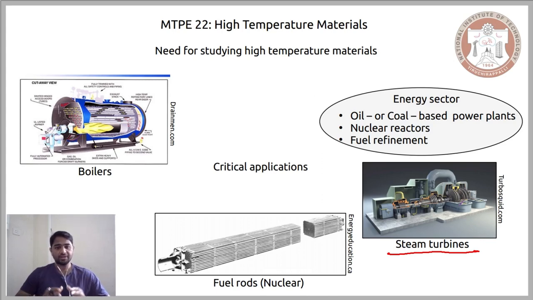So, when you have a greater understanding of high temperature materials, you can also posit a way that would help the application extend the lifespan of the material and avoid catastrophic failures. This is one of the reasons why one needs to understand the behavior of high temperature materials, particularly under the condition of stress and also a corrosive environment. Now, in addition to the energy sector, there are other critical applications wherein high temperature materials play a vital role.